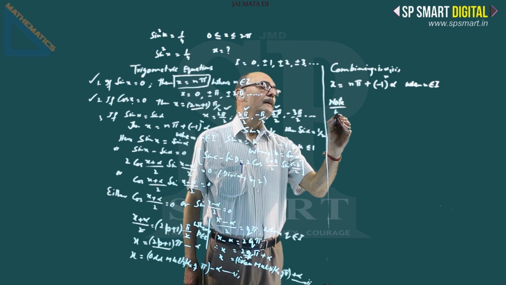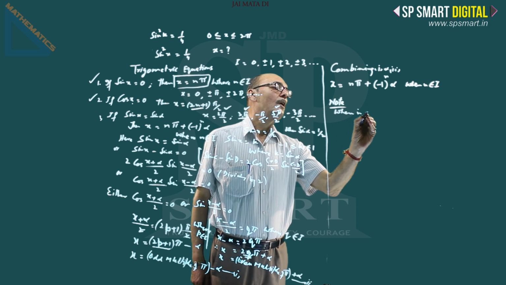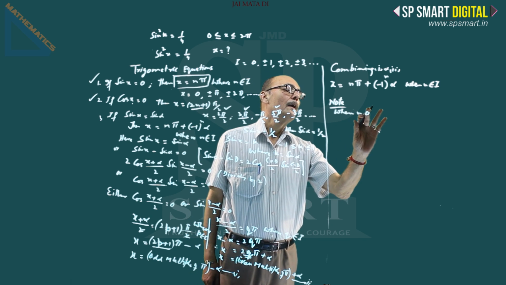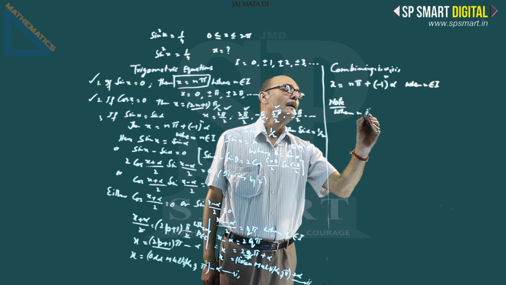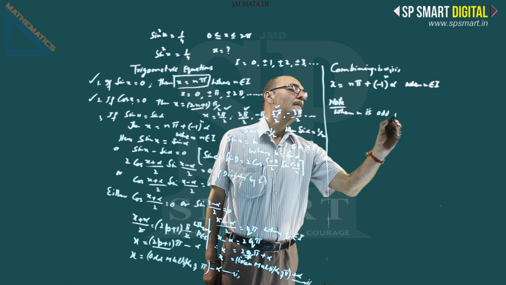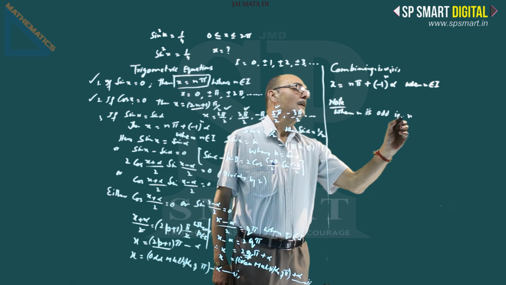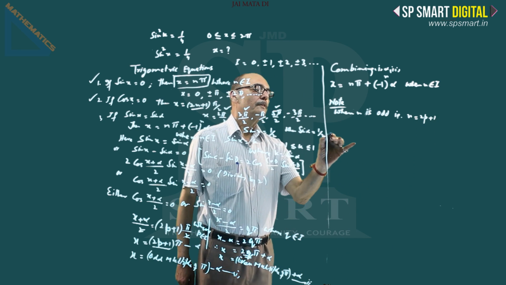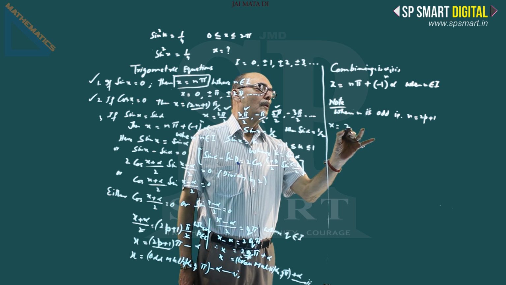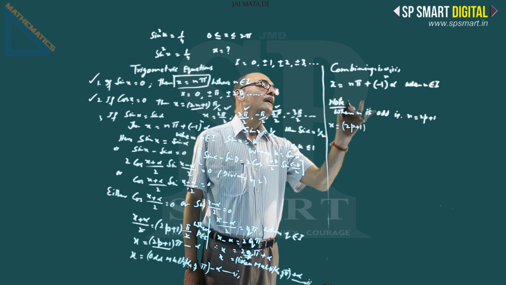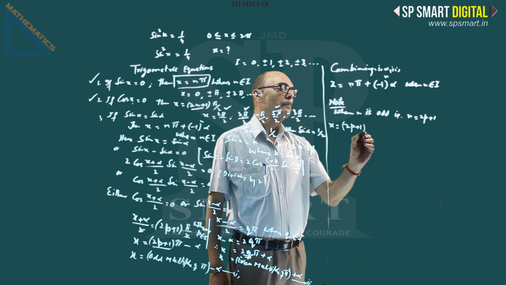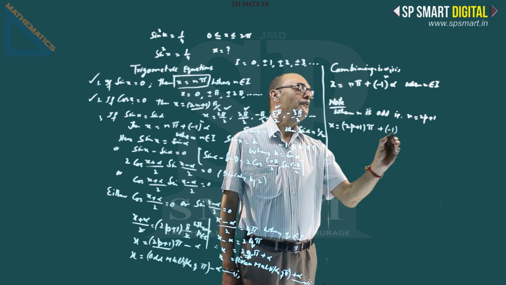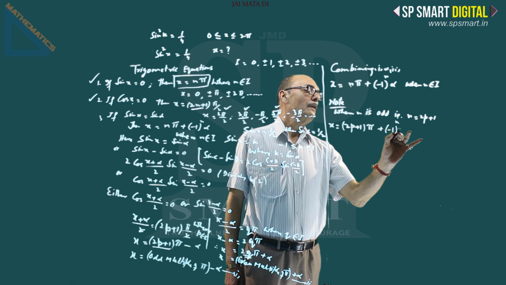When n is odd, that is n equals to 2p plus 1, an odd number, so x equal to, replacing n by 2p plus 1, (2p plus 1) pi plus minus 1 raised to power n into alpha.